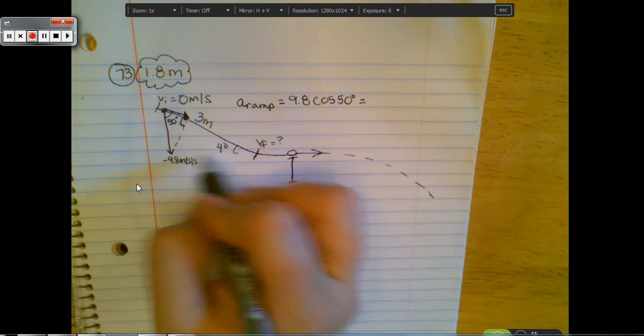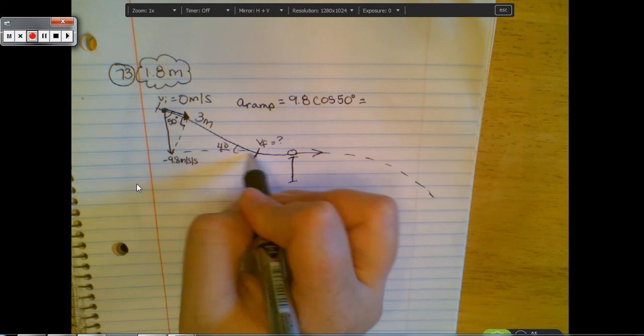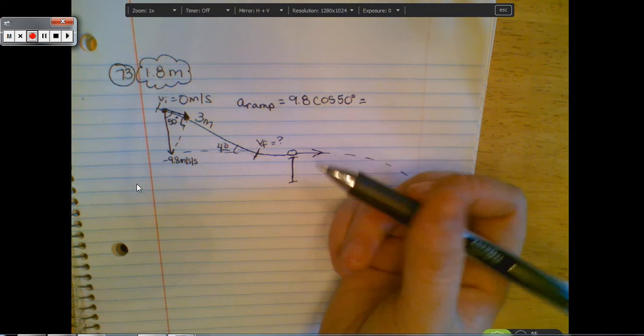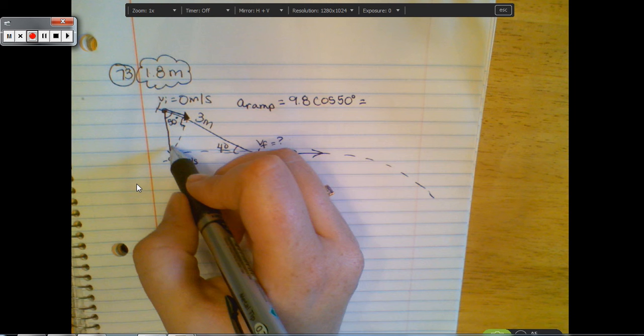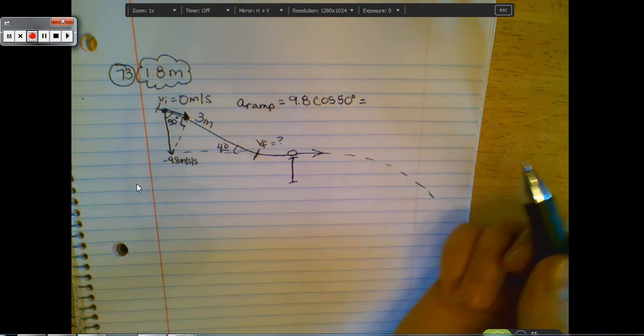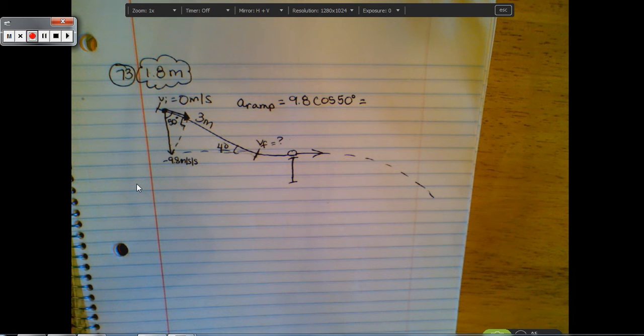Now if this is 40, this 50 degrees just comes from geometry, okay? You could have said that this was 40 degrees, and then you would be looking for the sine of theta. So 9.8 times the cosine 50 degrees.